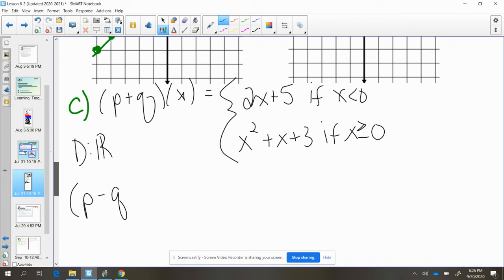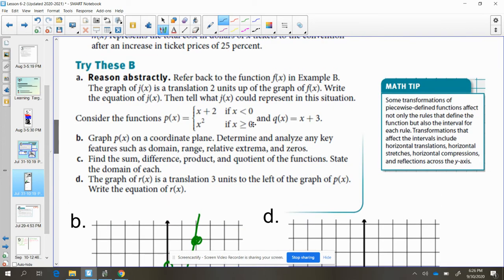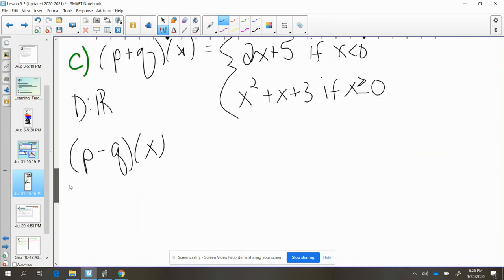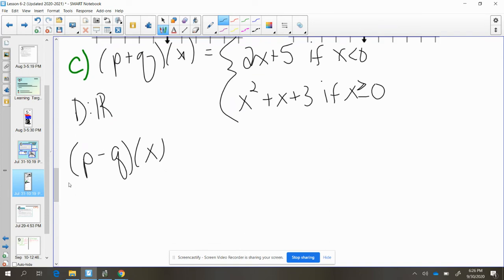Subtraction-wise, if we subtract these two values here, x plus 2 minus x plus 3 and x squared minus x plus 3, we actually are going to end up with negative 1, because, side note over here, x plus 2 minus x plus 3.